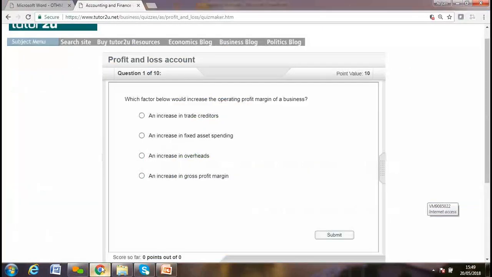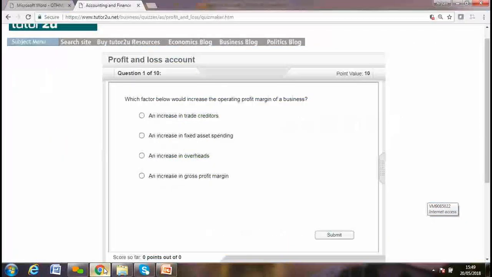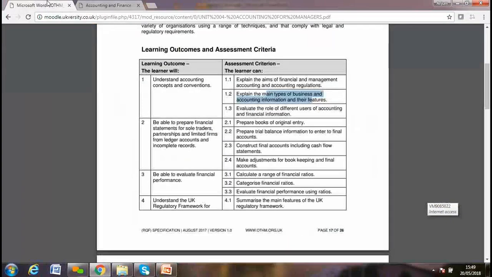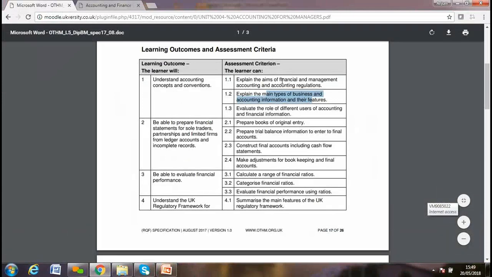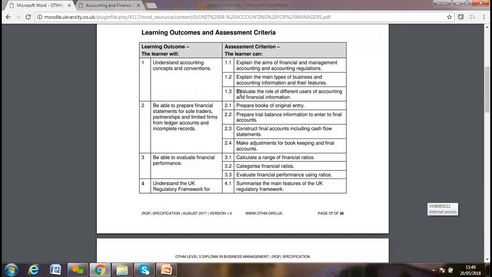So today we learned to explain the aims of financial management, financial accounting, and regulations. We explained the types of businesses and financial information, and the different stakeholders and users, how they use the information, and that they have different roles.